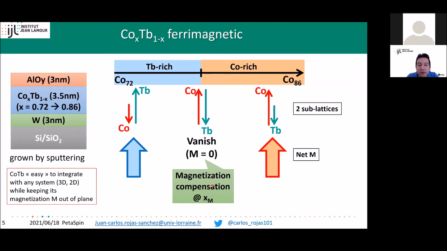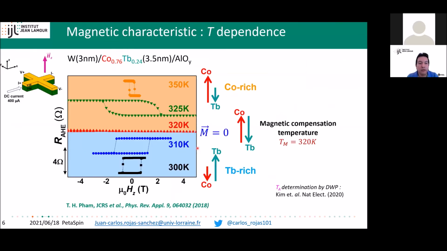We can get this similar tuning of net magnetic moment by temperature. Here, for example, in a Hall bar, I mean, electrical detection is much more sensitive than magnetometry. And here we can see at different temperatures the anomalous Hall effect on this tungsten cobalt terbium system.